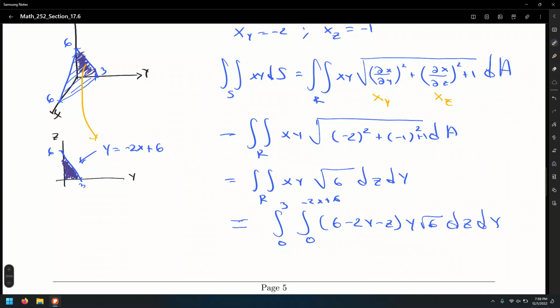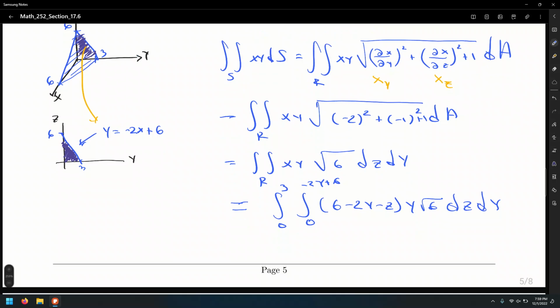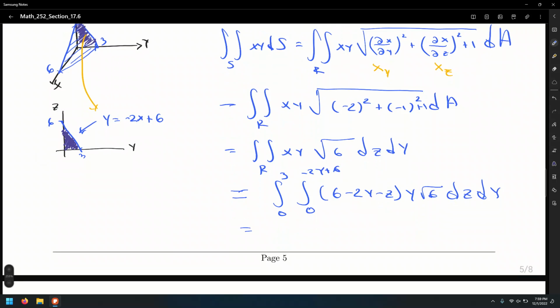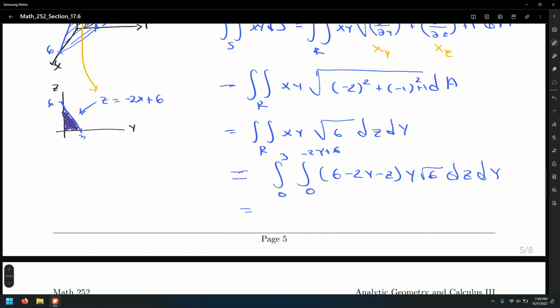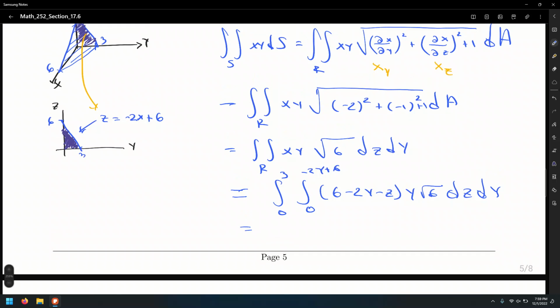Yes, that's true, thank you, z equals negative 2y plus 6; I was sticking with the XY again. And this should be 13.5 square root of 6, the same result.